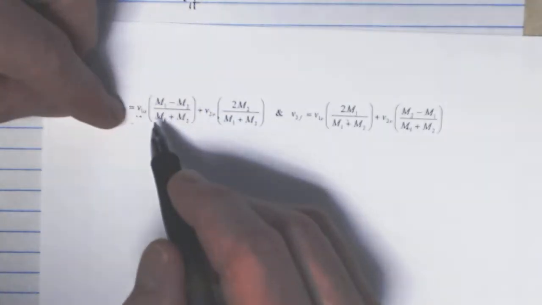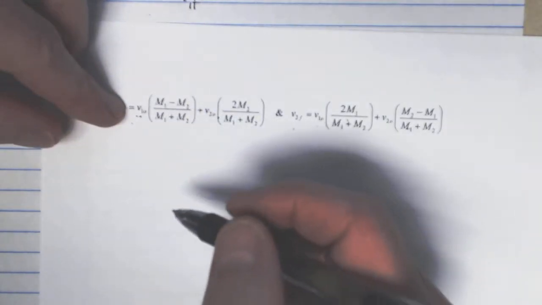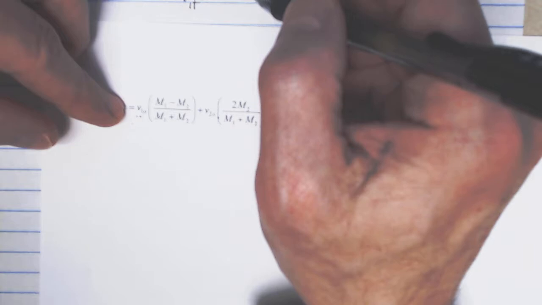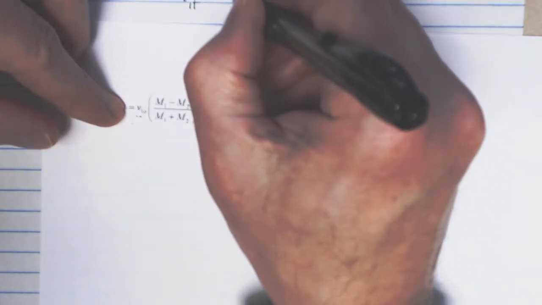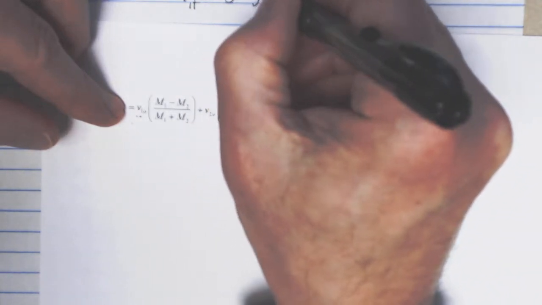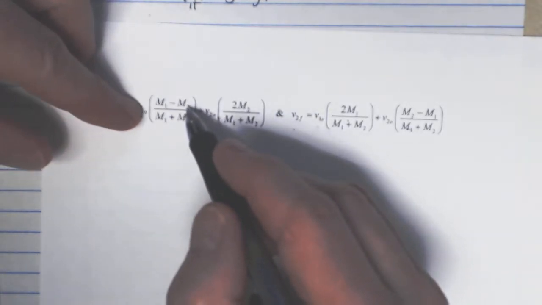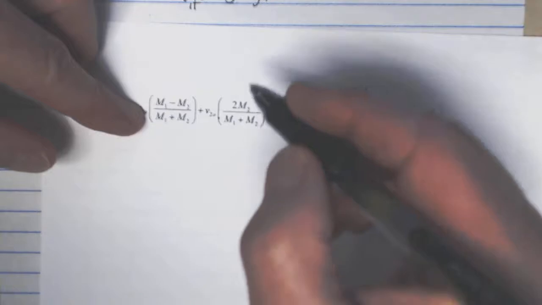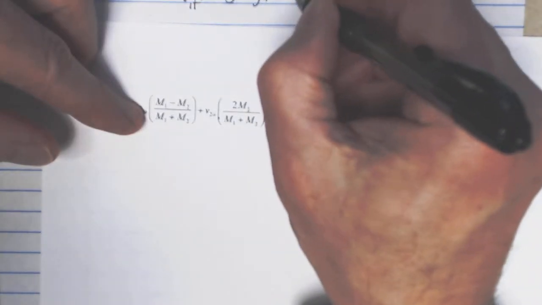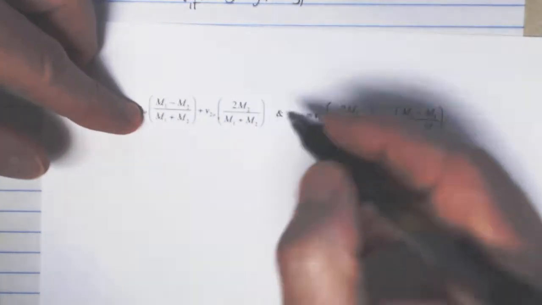And I can say after the second collision, v1 final is going to be v1 naught, which is equal to 1/3 the square root of 2gh, that's just this term, times m1 minus m2 divided by m1 plus m2. Well, that's just our -1/3 again. That's this expression.